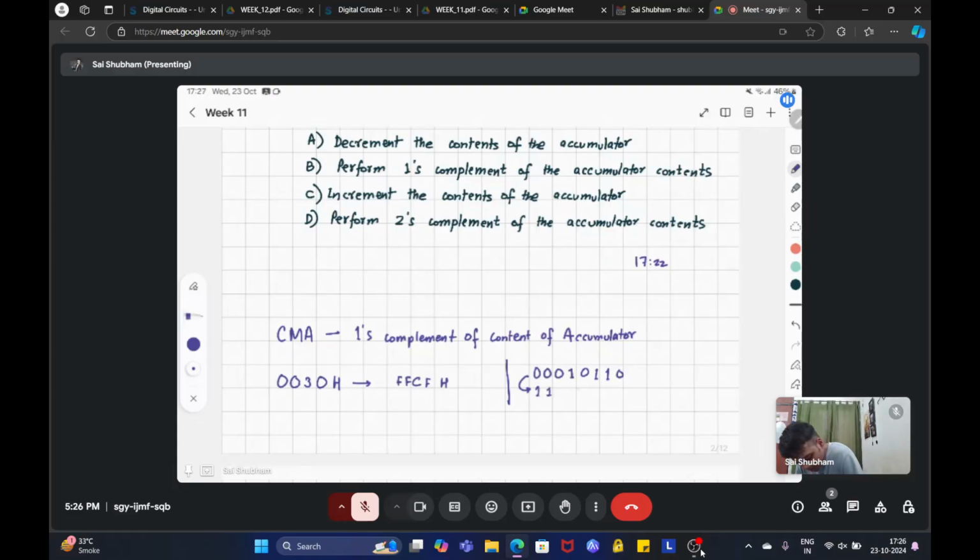So 16H has the complement E9, 1001 and so on. And when you add these two numbers, it will always be FF. So that's what the CMA instruction does.